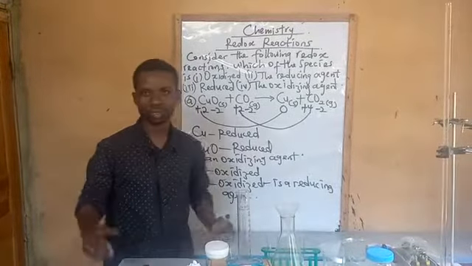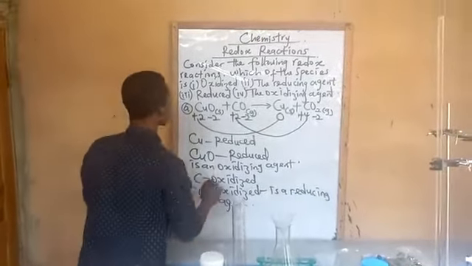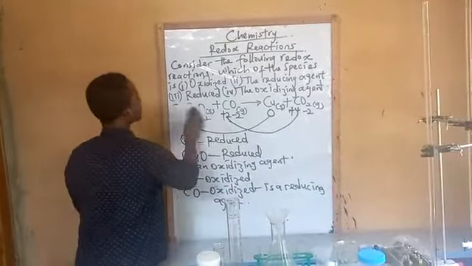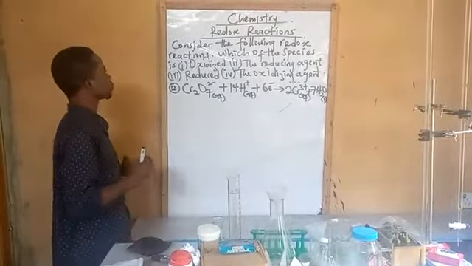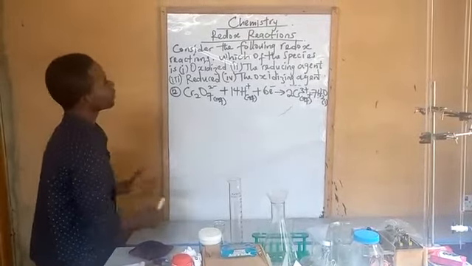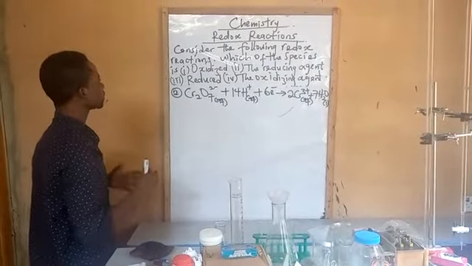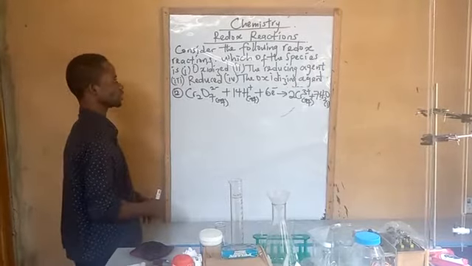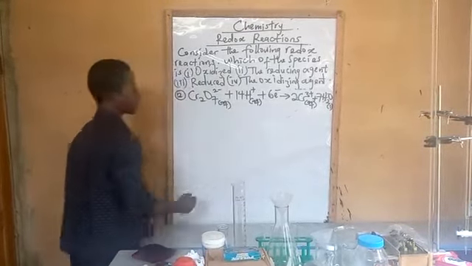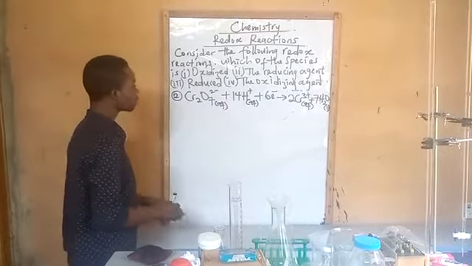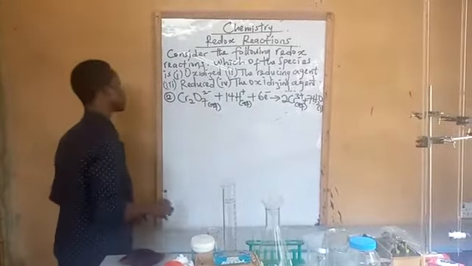Let's take a look at another example. We want to know which of the species is oxidized, the reducing agent, which is reduced, the oxidizing agent. How do we know? Now, these are reactions, and like I told us earlier, we have to state their oxidation numbers under them.